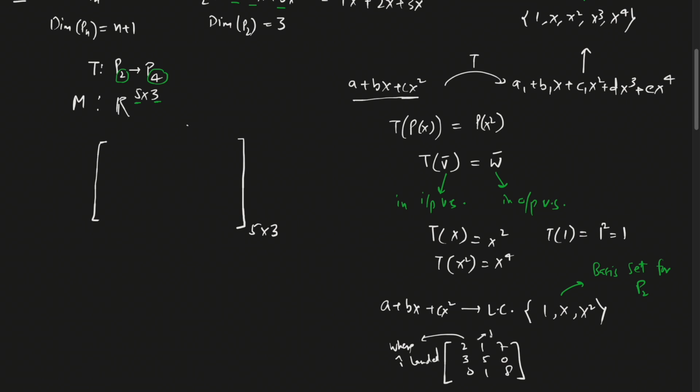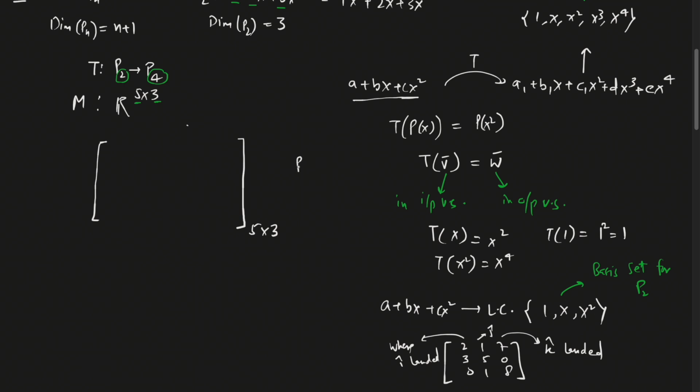Similarly, this is for j hat and this is where k hat landed, right? So what are i hat, j hat, k hat? These are nothing but the basis vectors for the input vector space R cube, right? So similarly, the column vectors of this 5 cross 3 matrix are nothing but where these basis elements of the input vector space land.